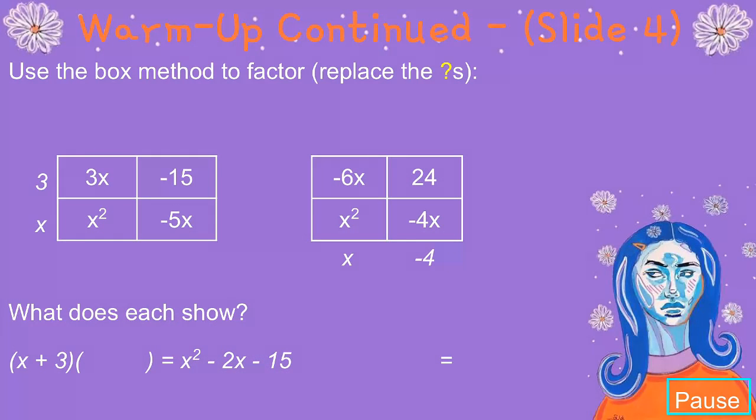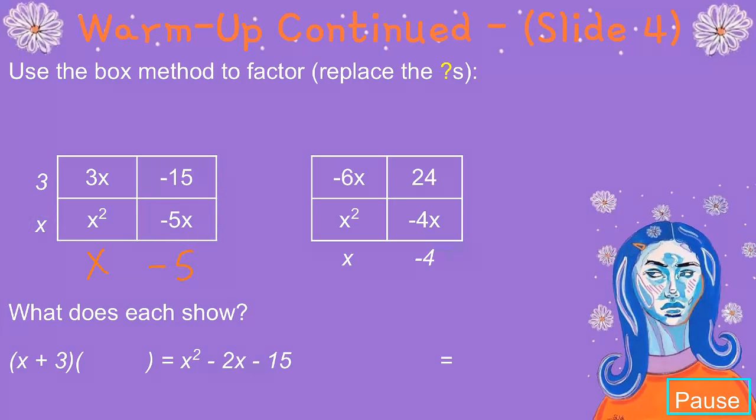All right, now this is factoring quadratics, and we're leading up to it really here. So what we ask ourselves is x times what is x squared? Well, x times x is x squared. X times what is negative 5x? And the answer is negative 5.